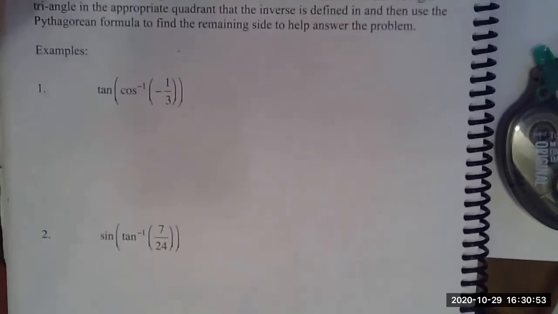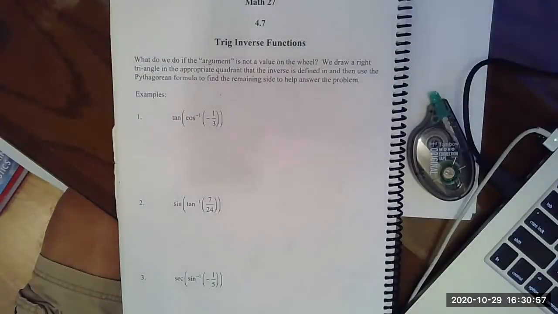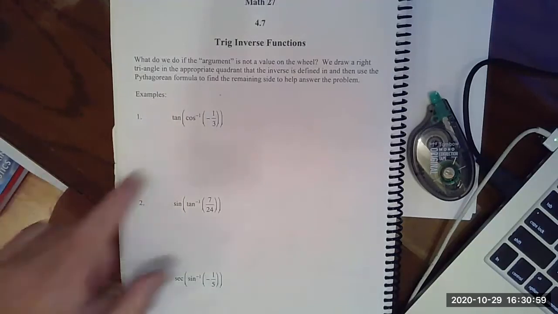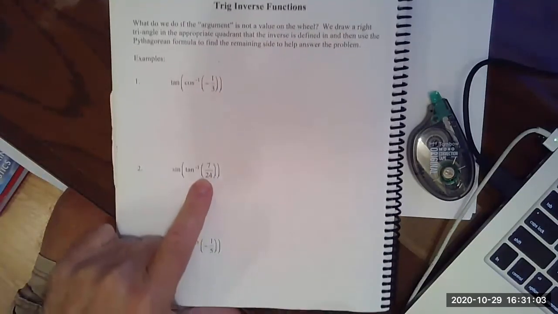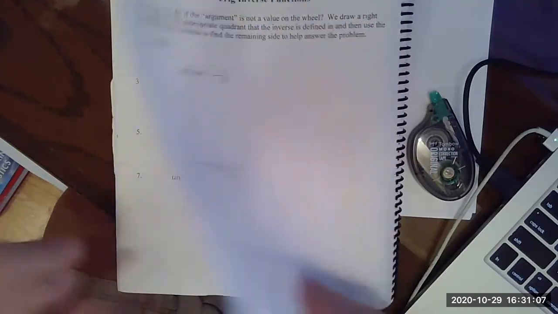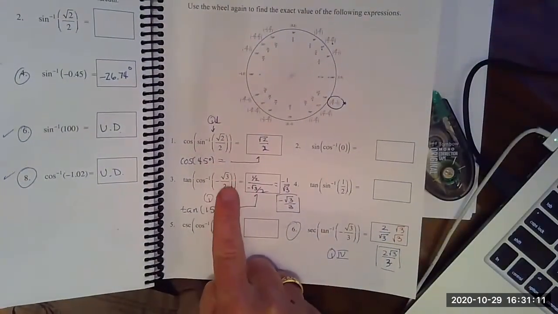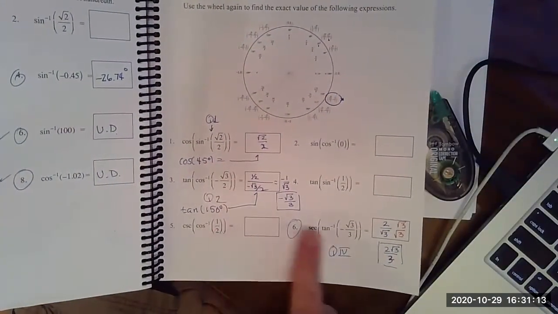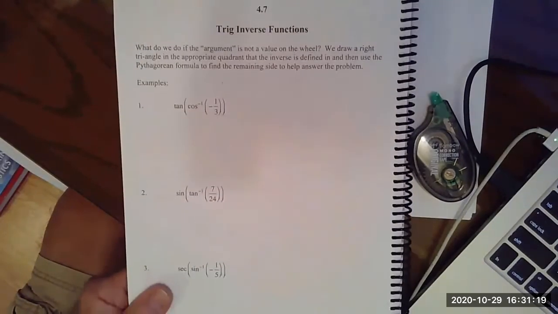Let's do this one. I'll do one of these. These are harder. The reason why they're hard is because what's inside there, those numbers, are not found on the wheel. All of these are found on the wheel. These are not.